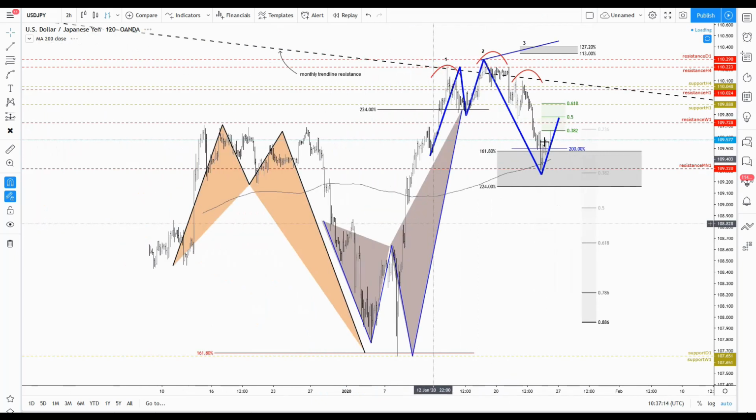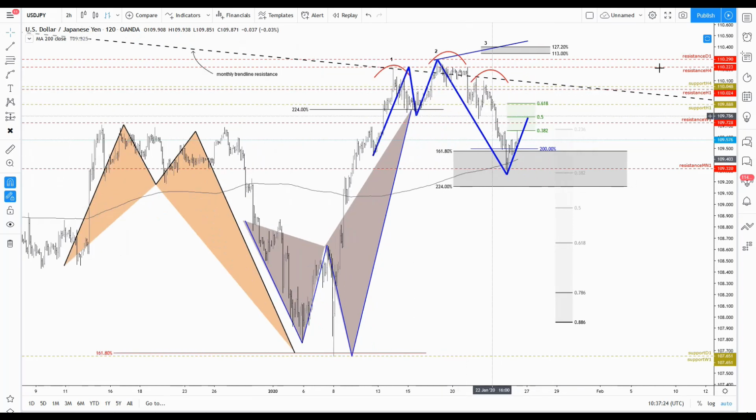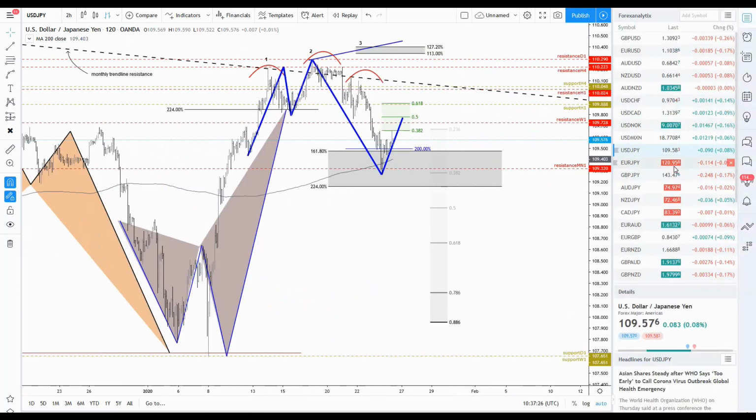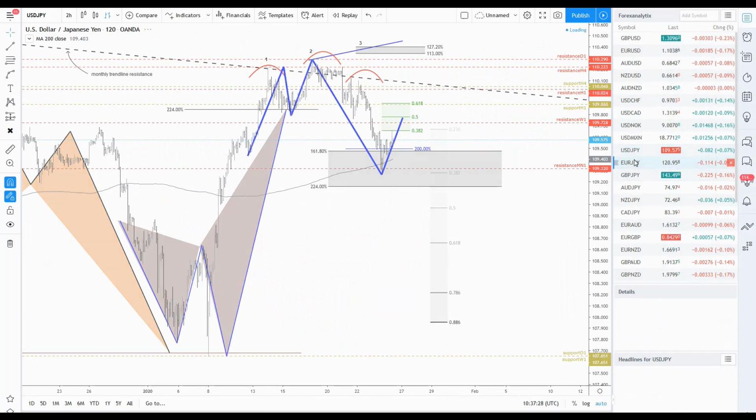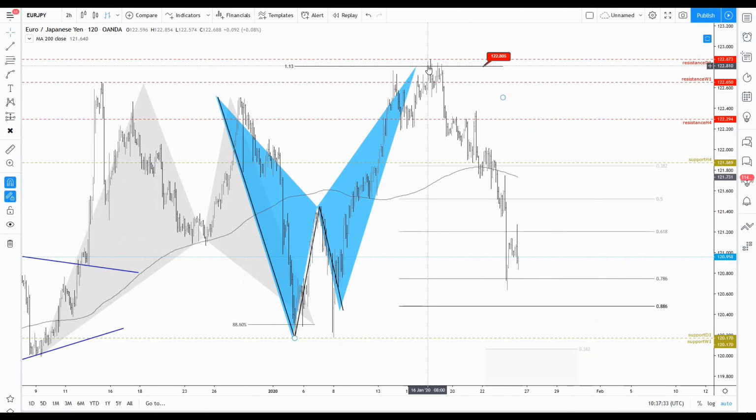So that being said, let's not ignore this eventual behavior after these heads and shoulders printed above for dollar versus yen. Euro versus yen, as mentioned also, I shared this bearish alt pattern at 122.80.